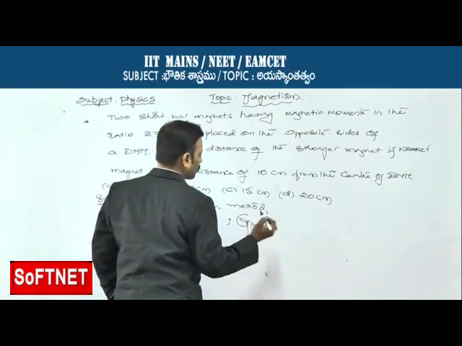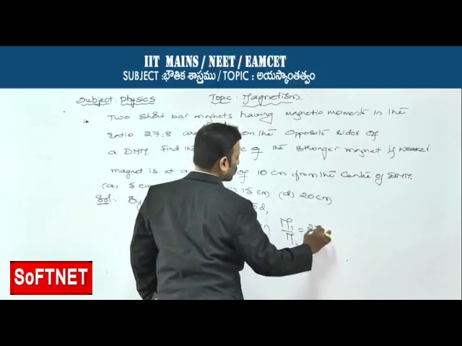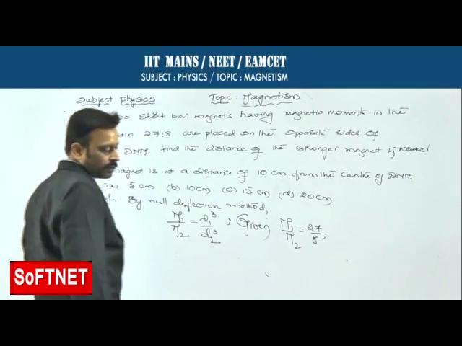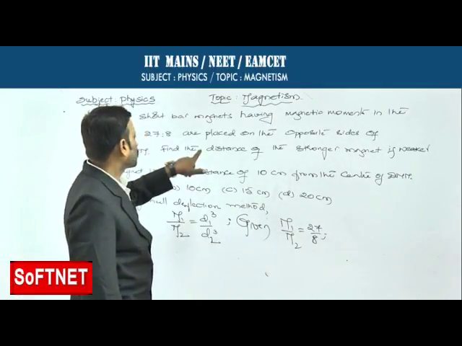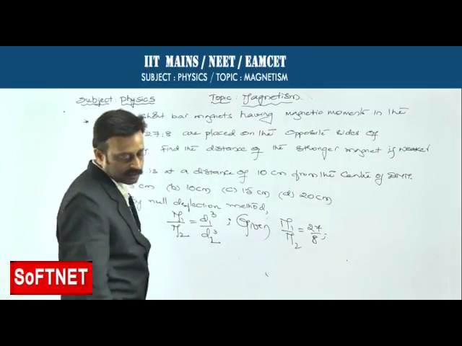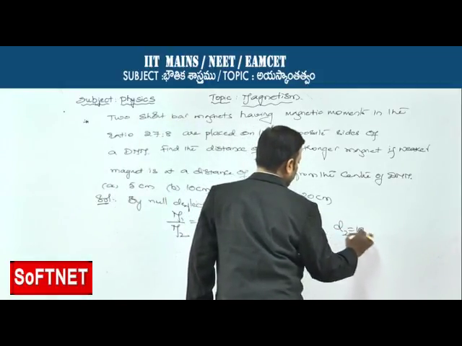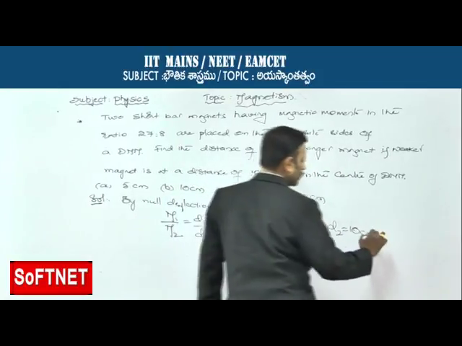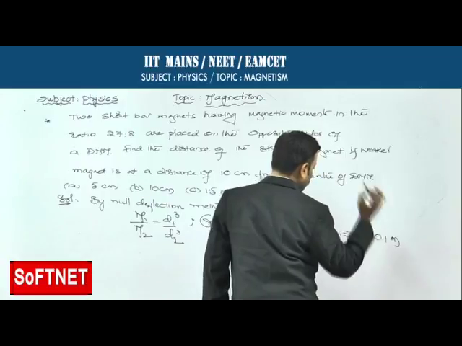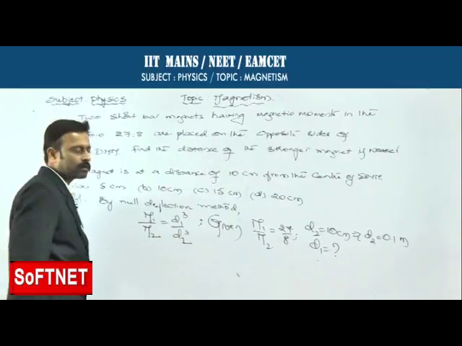Given the ratio of magnetic moments m1 by m2 as 27:8. Find the distance of the stronger one if the weaker one is at a distance of 10 centimeters. So let d2 be 10 centimeters, which is equivalent to 0.1 meters. The value of d1 you are asked to calculate.